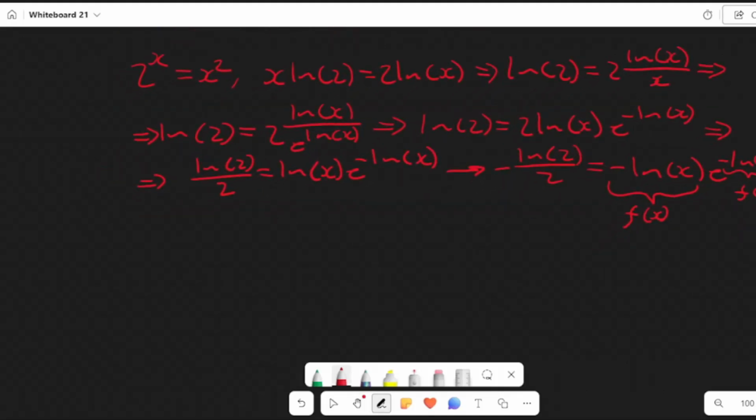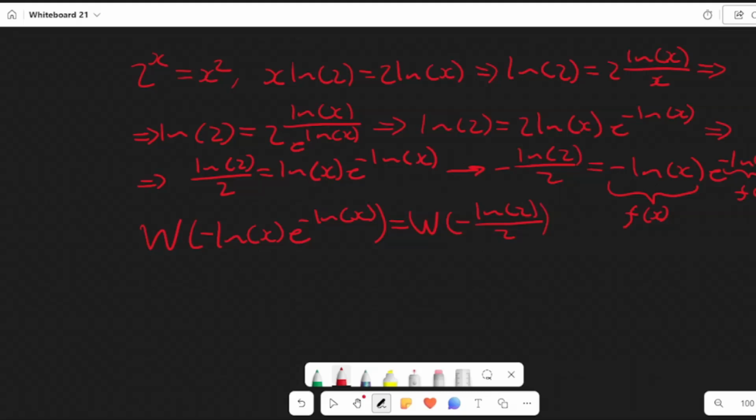So in this case, we can just take the Lambert W function on both sides, so like this, and that being equal to Lambert W of negative natural log of 2 over 2. And keep in mind, the Lambert W function is the inverse function of x times e to the power x.